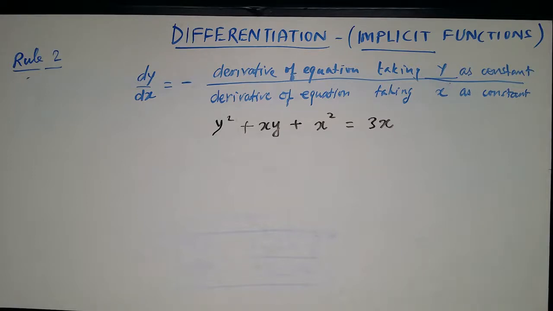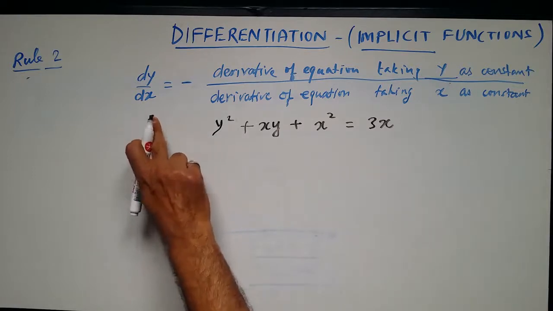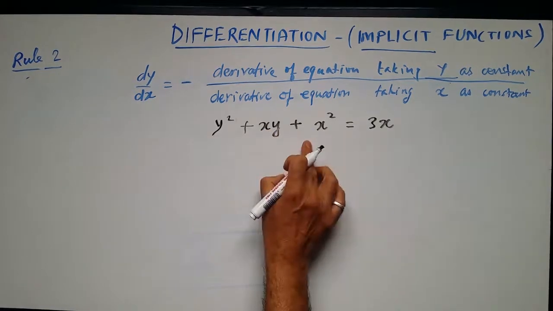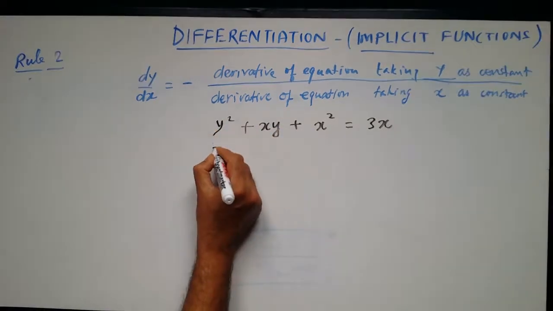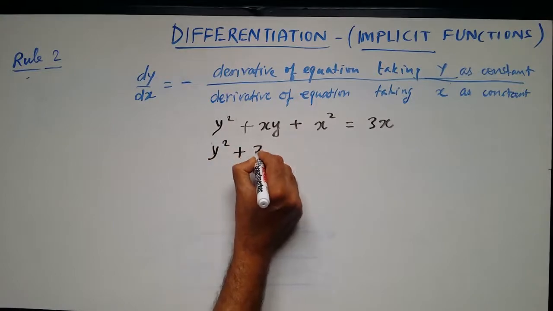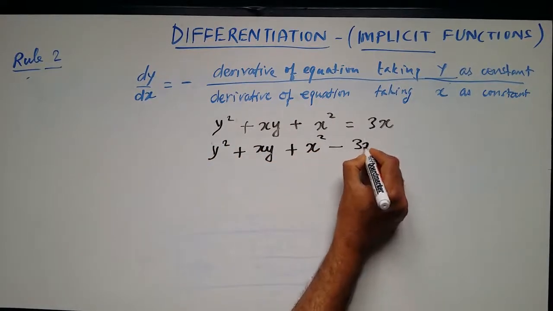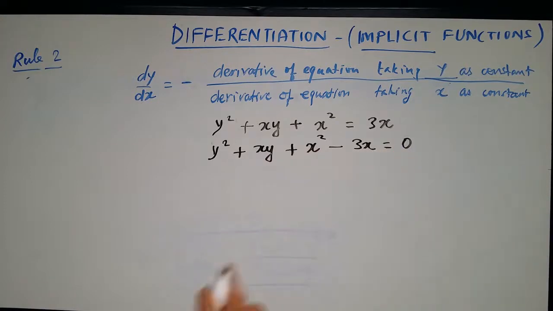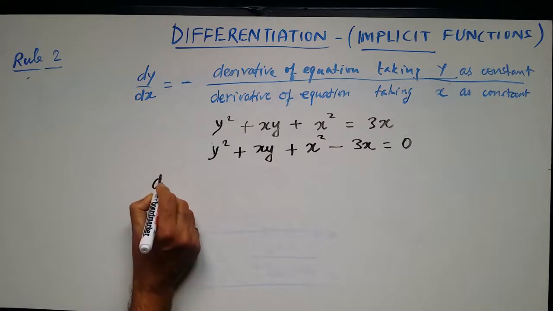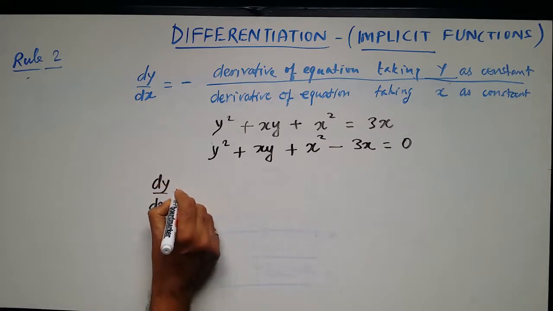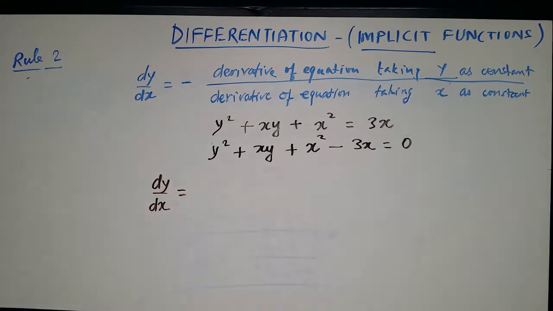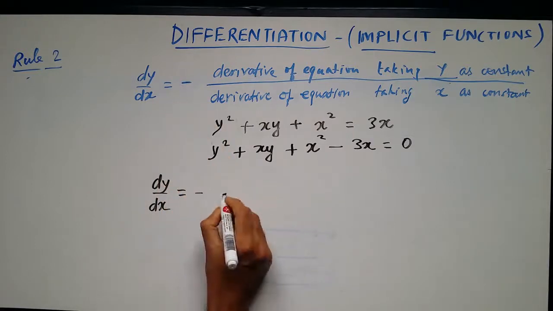So first of all, in this rule we have to bring all the expressions on one side. So we will make the right hand side equal to 0. So we bring 3x on this side first, and then we apply the rule. So dy by dx is equal to, okay, we will take the minus sign as a minus sign.